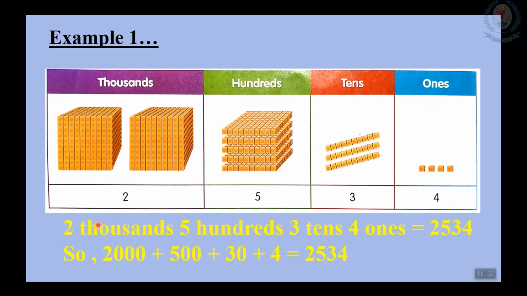First we have thousands, and we write the relevant number first. 2 in the thousands column, 5 in the hundreds column, 3 in the tens column, and 4 in the ones column. 2 thousands we can write as 2000. 5 hundreds we can write as 500. 3 tens we can write as 30. 4 ones is 4.